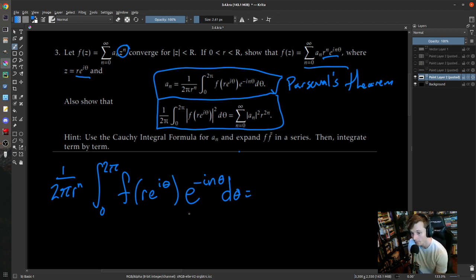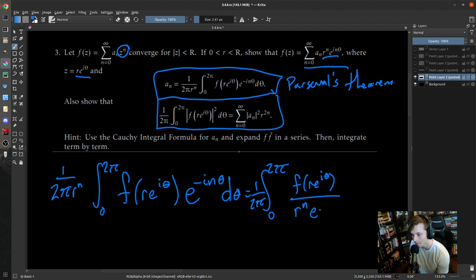First I'm going to bring this r to the n inside, and write this on the bottom of the fraction to get rid of the negative from the exponent. So this turns into the integral from 0 to 2 pi, with the 1 over 2 pi out front, of f of r e to the i theta over r to the n e to the i n theta d theta.